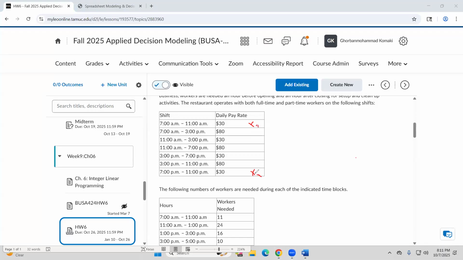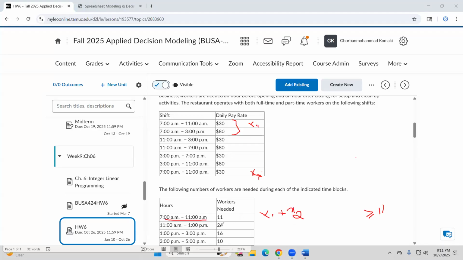Then for 7 to 11, you need 11, so it is greater than or equal to 11. And these two can work on this one, right? So x1 plus x2. It makes sense for this one.